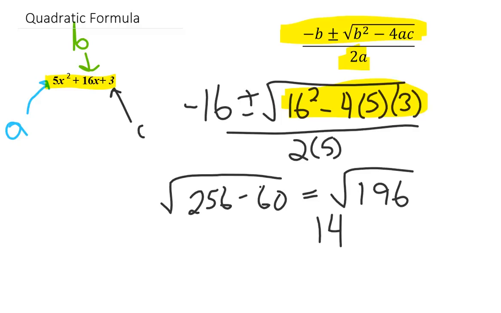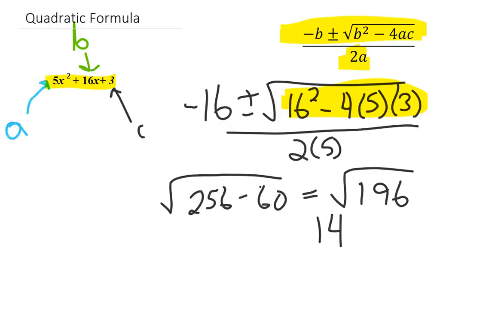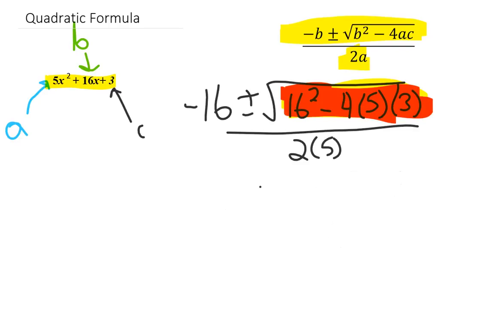So what I'm going to do, knowing that this whole thing that I've got, I'm going to put it in red. This whole thing that I have in red now simplifies down to 14. I'm going to rewrite this equation and just plug in 14. So I've got negative 16 plus or minus 14 divided by, and let's simplify, 2 times 5 is 10.